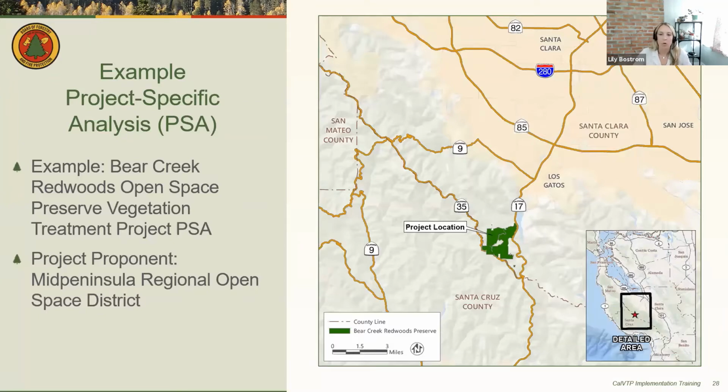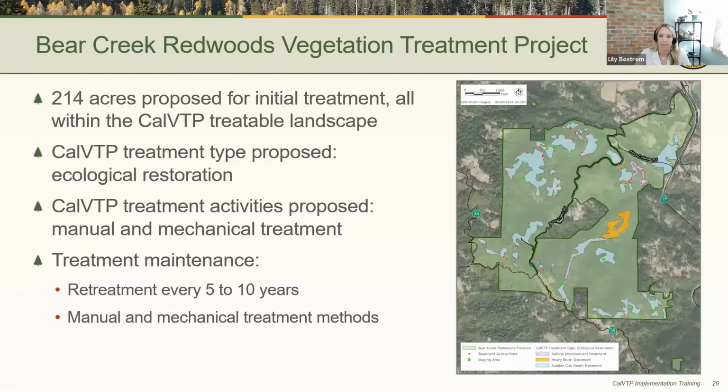So now I'm going to walk through an example PSA that we recently prepared for the Mid-Peninsula Regional Open Space District. Next slide, please. So this project proposed to treat 214 acres within the Bear Creek Redwoods Open Space Preserve.